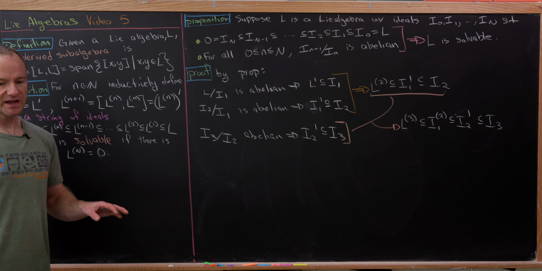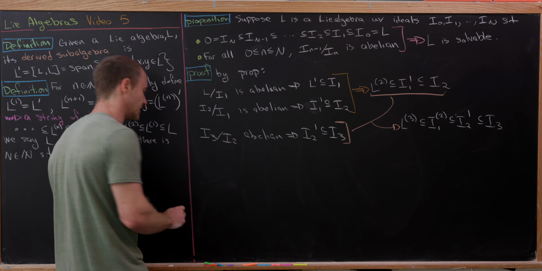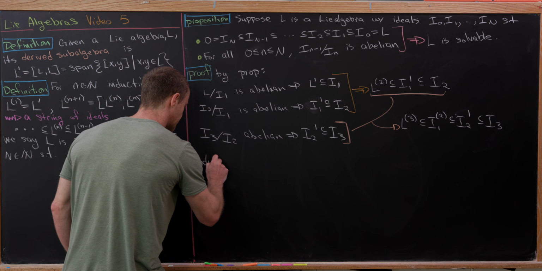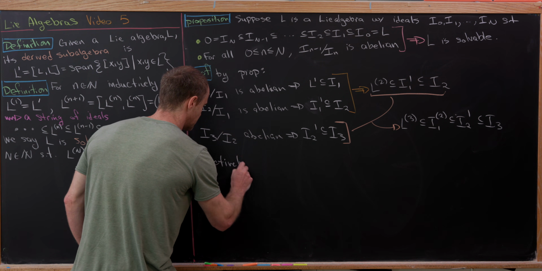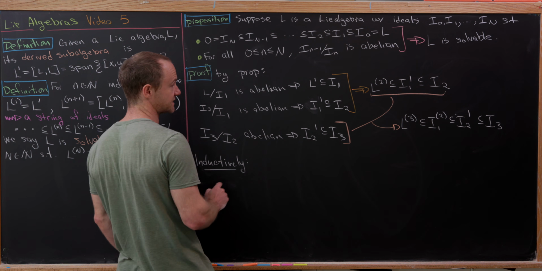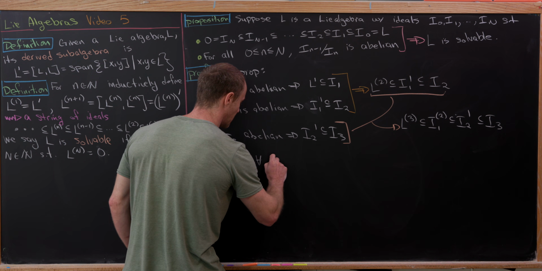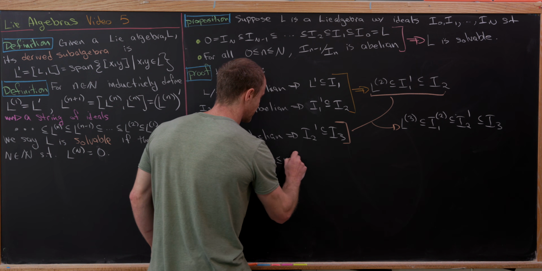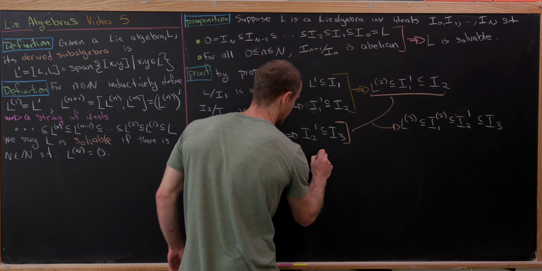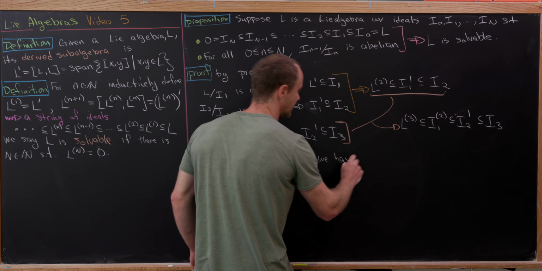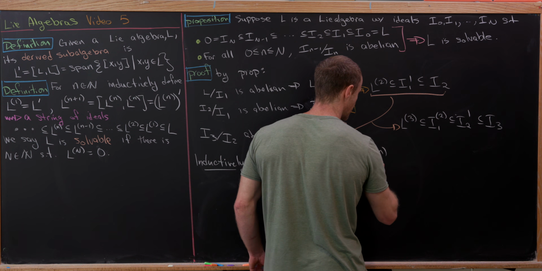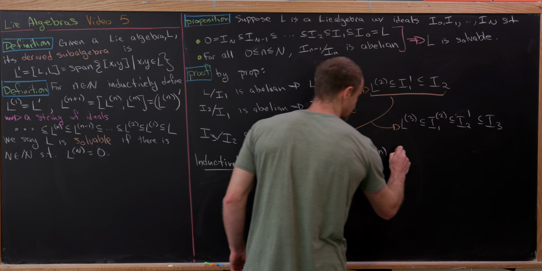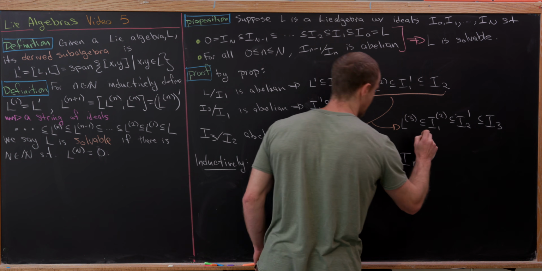And so now I think it's pretty clear what's going on here. We can apply induction, or just continue this and see that for all 0 less than or equal to n less than or equal to capital N, we have the following inclusion. L upper n in parentheses is a subset of I_n.